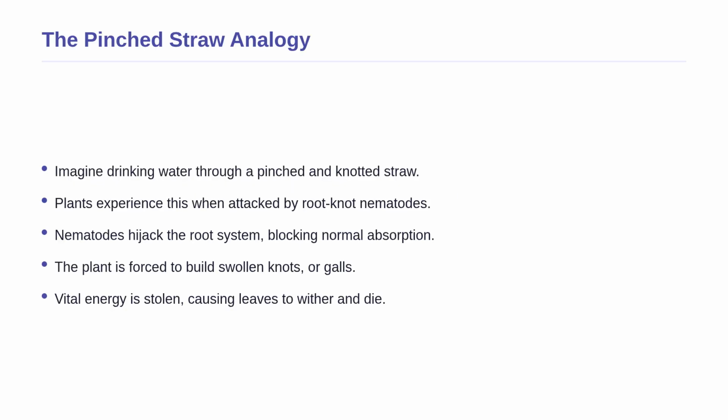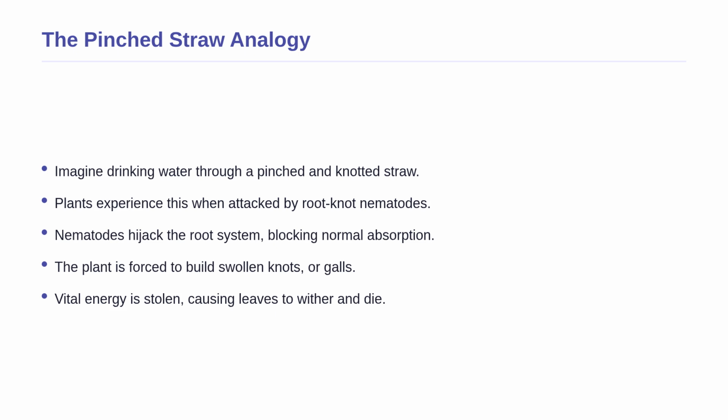To truly understand what this parasite does, imagine you are trying to drink water through a straw, but someone pinches the straw and ties a tight knot in it. You would quickly become dehydrated and weak. This is exactly what happens to plants when they are attacked by the root knot nematode.